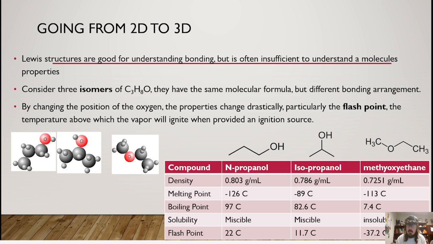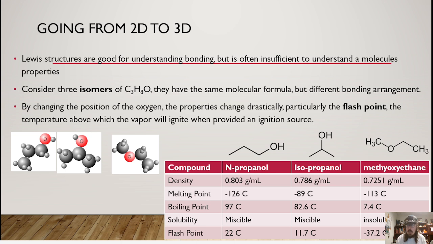And the boiling point is significant. It's lower than n-propanol, but much higher than our ether. It's also miscible, but our flash point has dropped down significantly from 22 to 11.